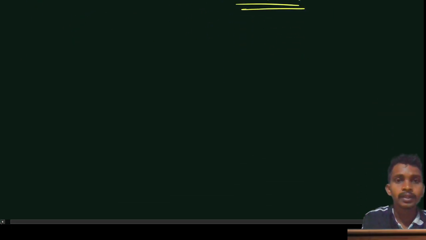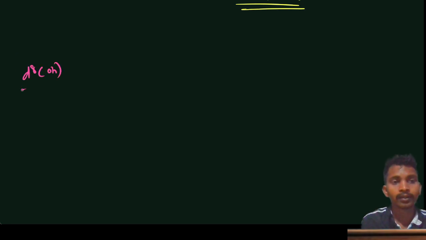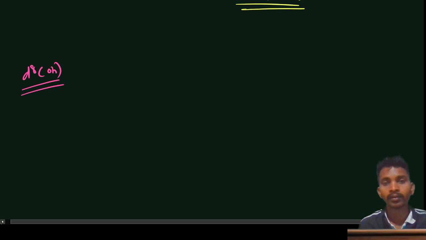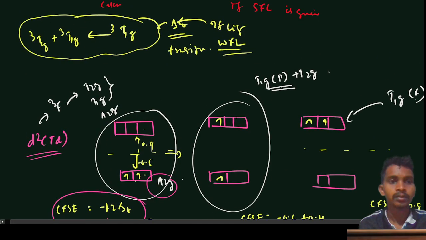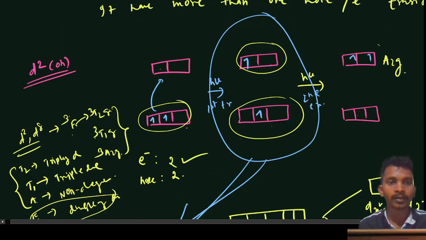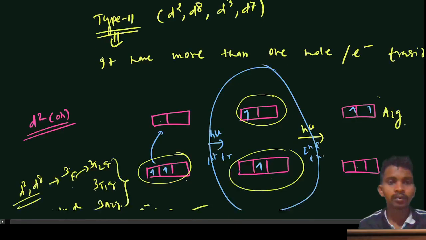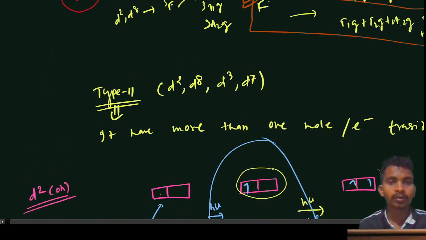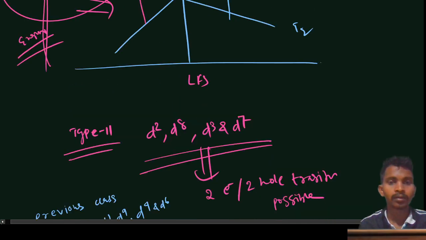Now we will go for another, D8 octahedral. So in type 2, what are there? T2, D8, T3, D7 is there.